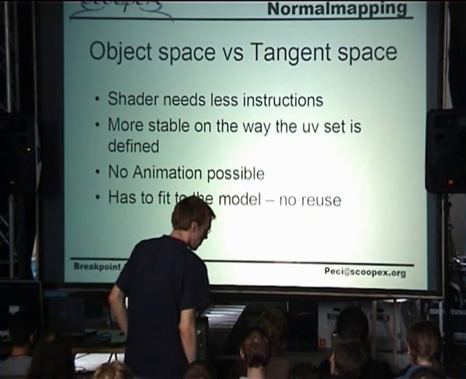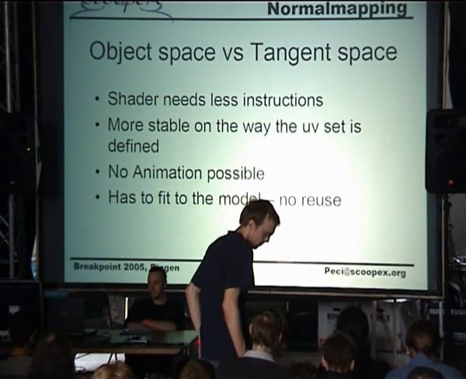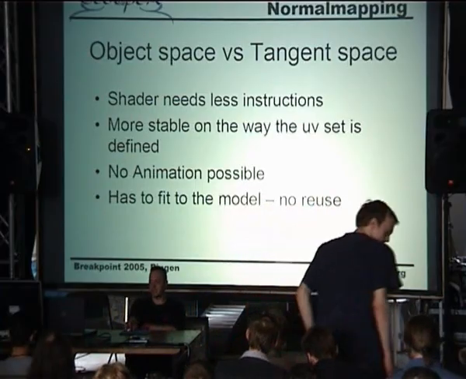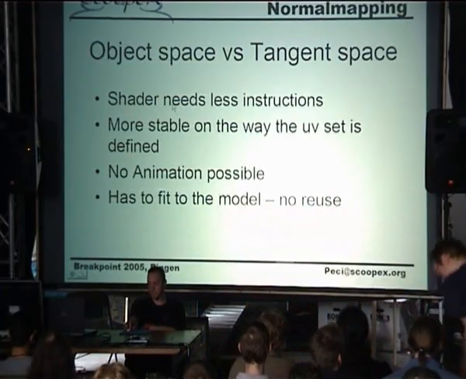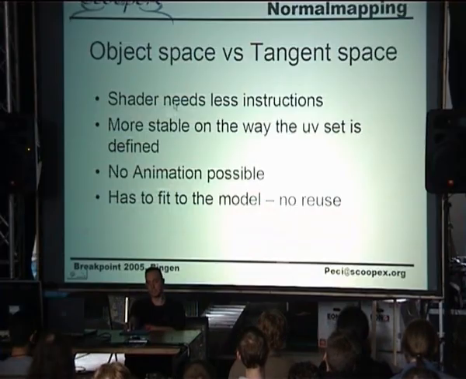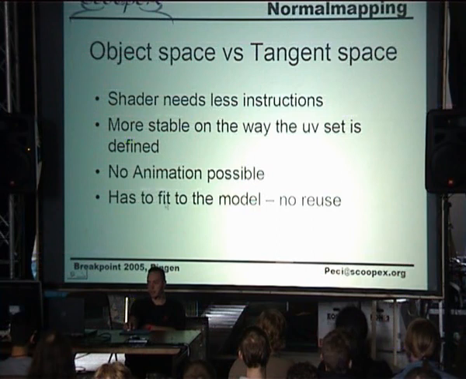It highly depends on the model. The big advantage is that the shader is very simple. You don't need to interpolate the normal, and the vertex buffer gets smaller. But the main disadvantage is that the normal map in object space has to fit the model.